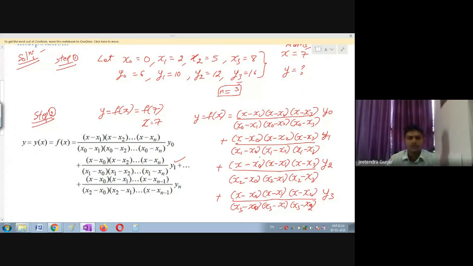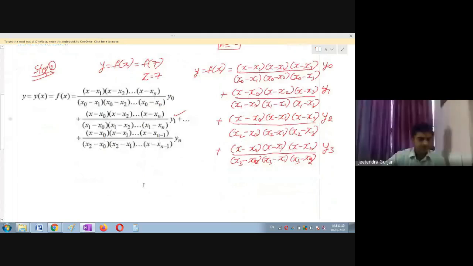Here also in this part I have skipped x2 in the numerator, and I have taken x2 in the denominator and subtracted with other terms. In the last I have skipped x3 in the numerator and taken x3 in the denominator and subtracted with every term. So that is the formula. Actually, you have to remember this. This is a trick I have told you to remember the formula. So just subtract and tell me what is the answer now.